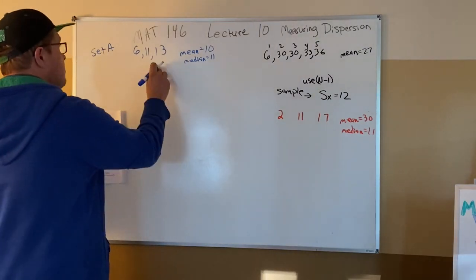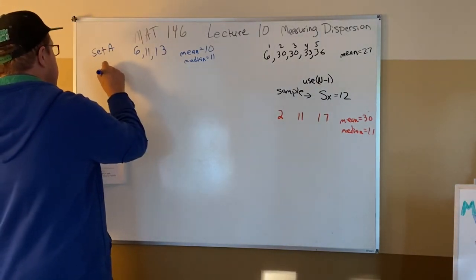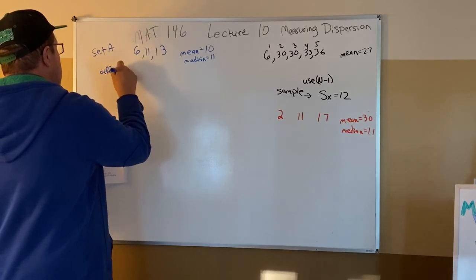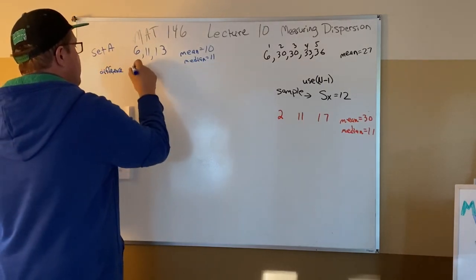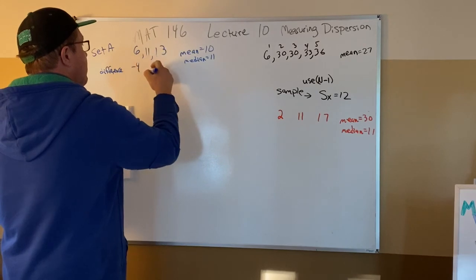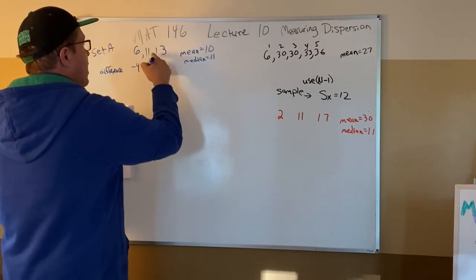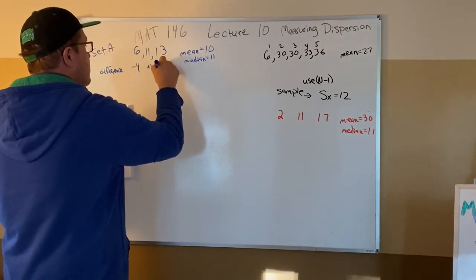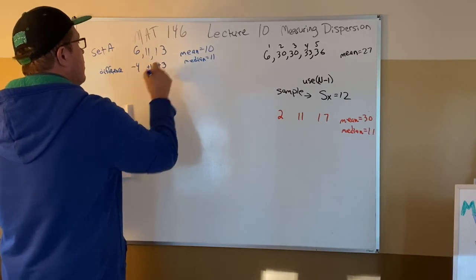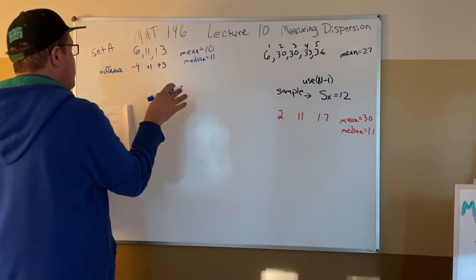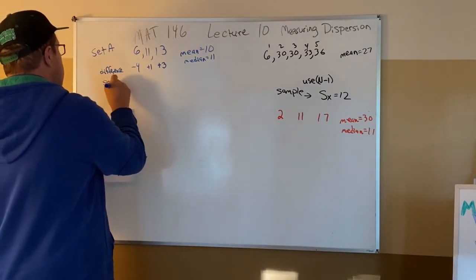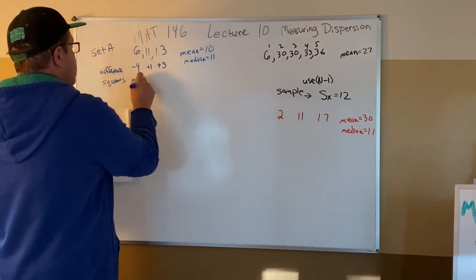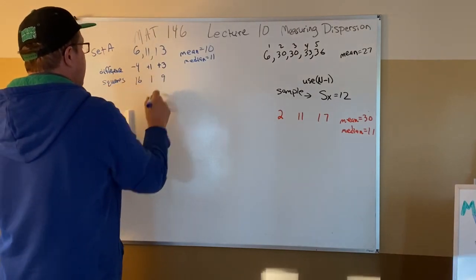All right. Since the mean is 10, the differences are: 6 minus 10 is 4 below, 11 minus 10 is 1 above, and 13 minus 10 is 3 above. Those add up to 0, but then the squares: 16, 1, and 9.